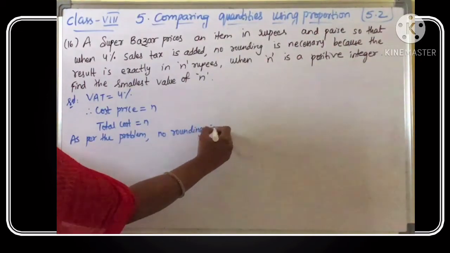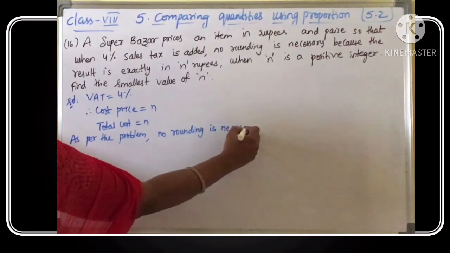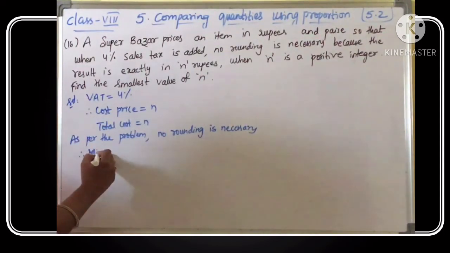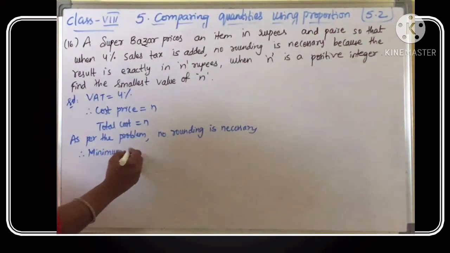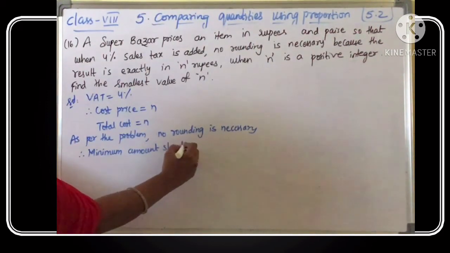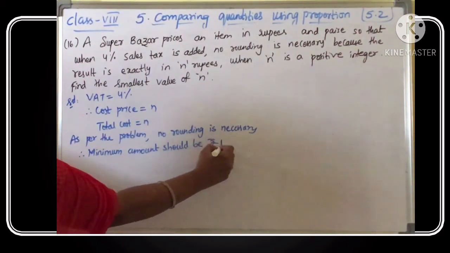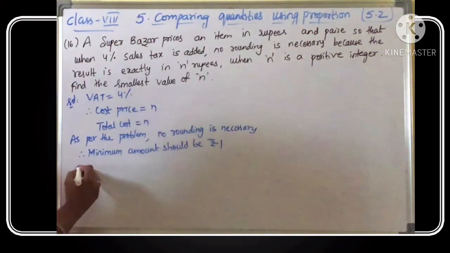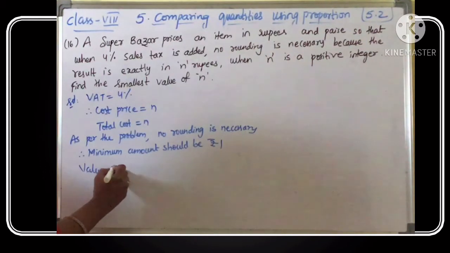So therefore we will take the minimum amount here. The minimum amount should be rupees 1. Here a positive integer is given, so rupees 1. So what is the value of n now?